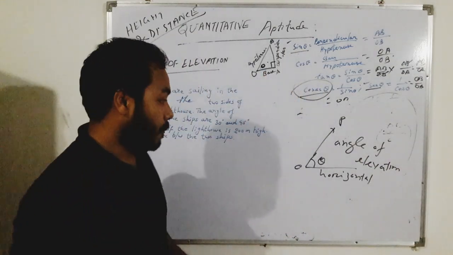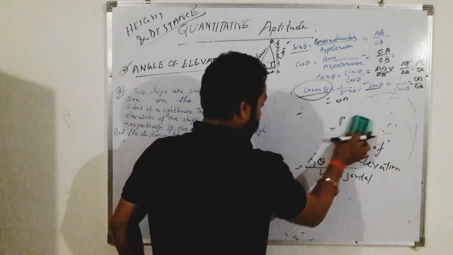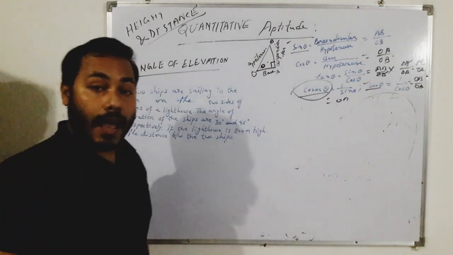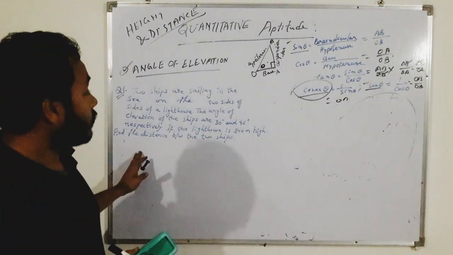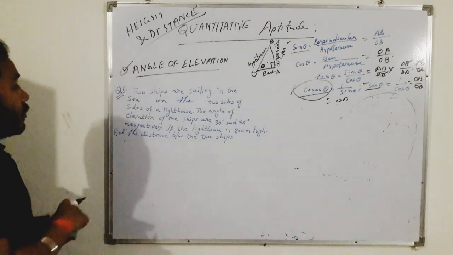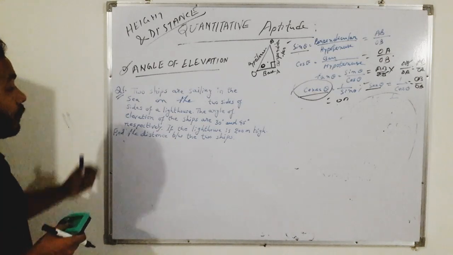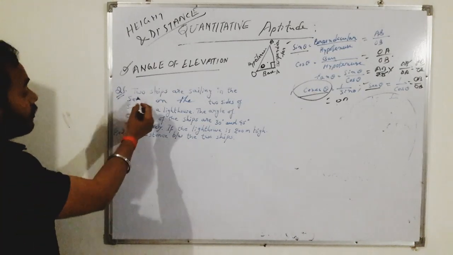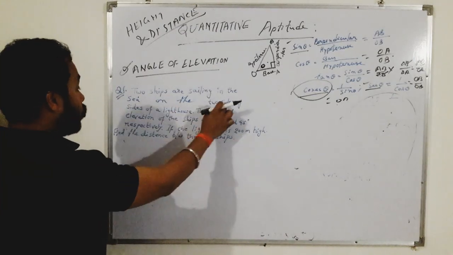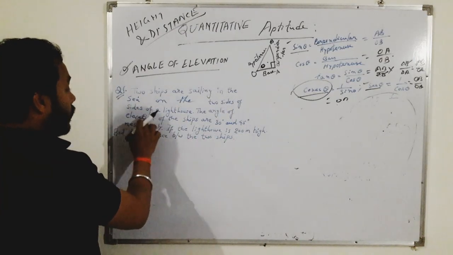Clear? Okay. So if this is clear to you, now we can solve a problem related to this, and these problems I have found may frequently appear in some examinations. The question asks that two ships are sailing in the sea on the two sides of a lighthouse.